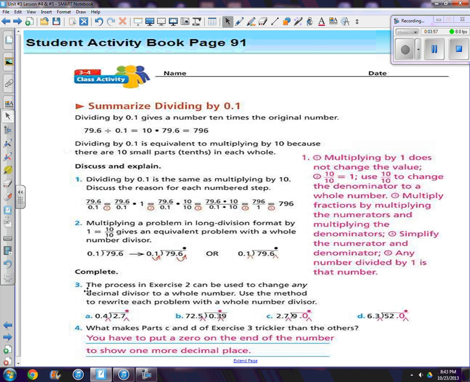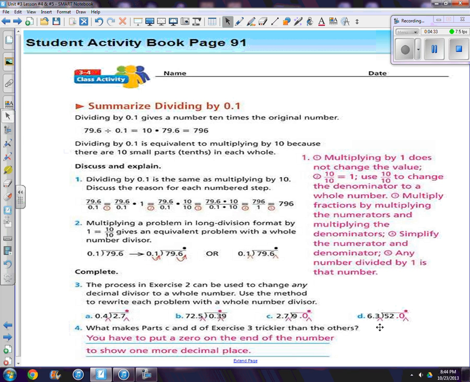Down below it says the same thing here. The process in exercise 2 can be used to change any decimal divisor to a whole number. Using the method, rewrite each problem with a whole number divisor. 0.4 into 2.7, they're telling you to move the decimal to the right, so it's really 4 into 27. 0.39 into 72.5 really becomes 39 into 725. 0.3 into 9 really becomes 3 into 90.